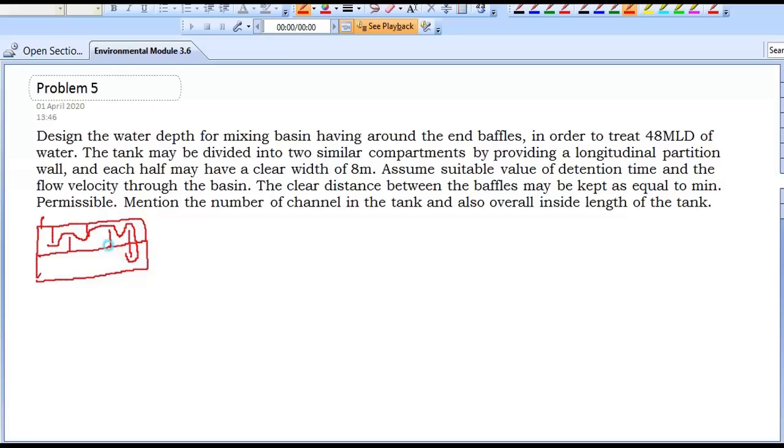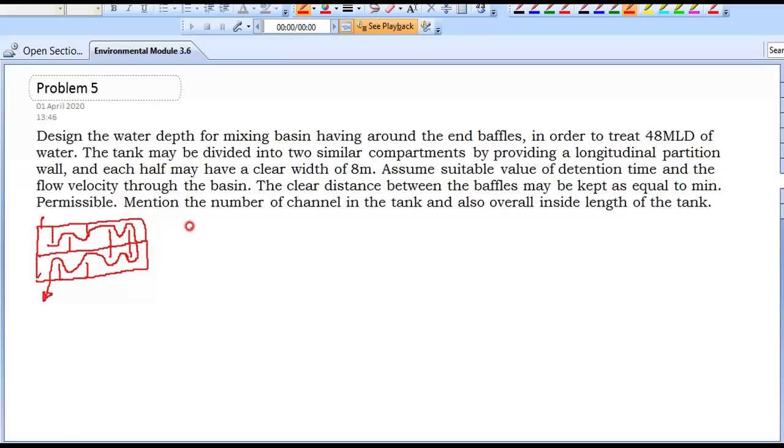Then again baffle walls will be there, and like this it keeps moving and comes out. This is the mixing technique. When the water is diverted here and there, turbulence is created, and due to the turbulence the mixing becomes very easy.